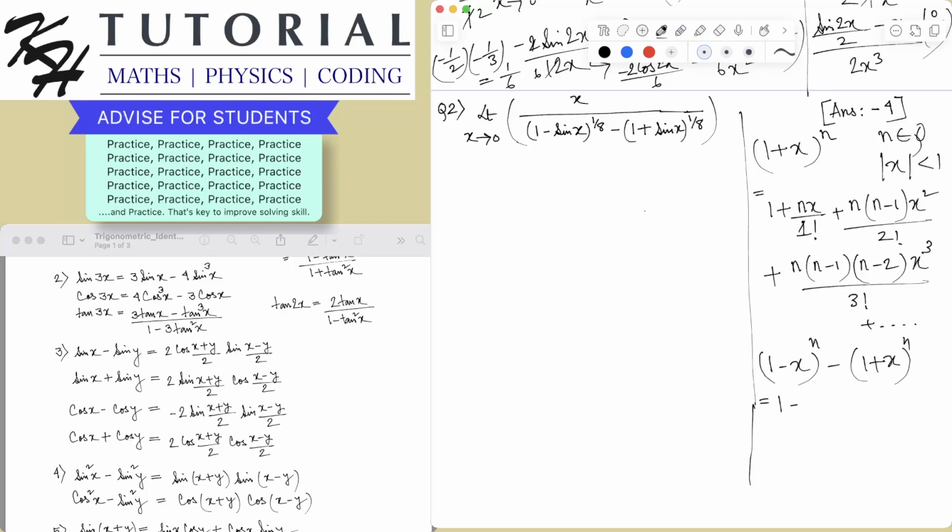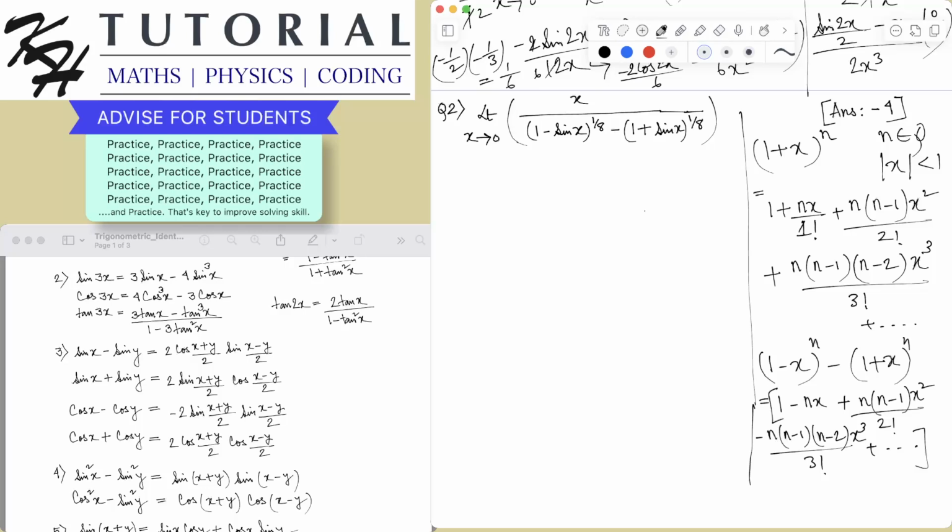So (1 minus x) whole to the power n will be 1 minus nx plus n into n minus 1 x square by 2 factorial, minus n into n minus 1 into n minus 2 x cube by 3 factorial, and so on.